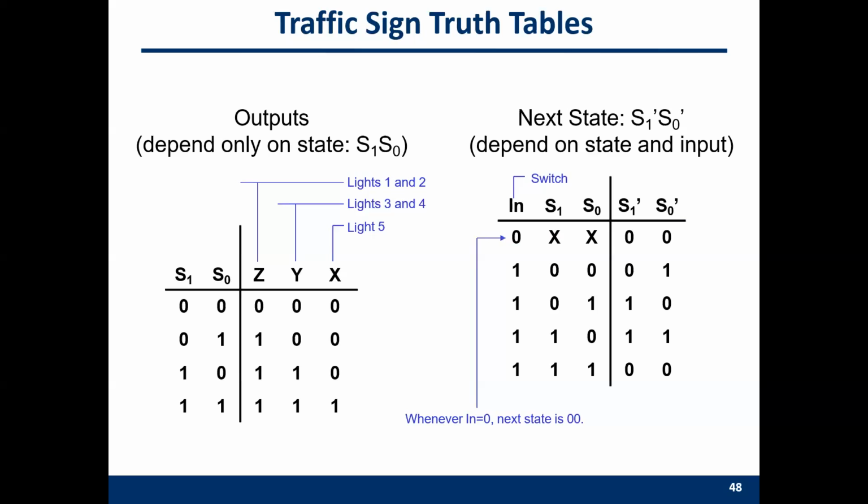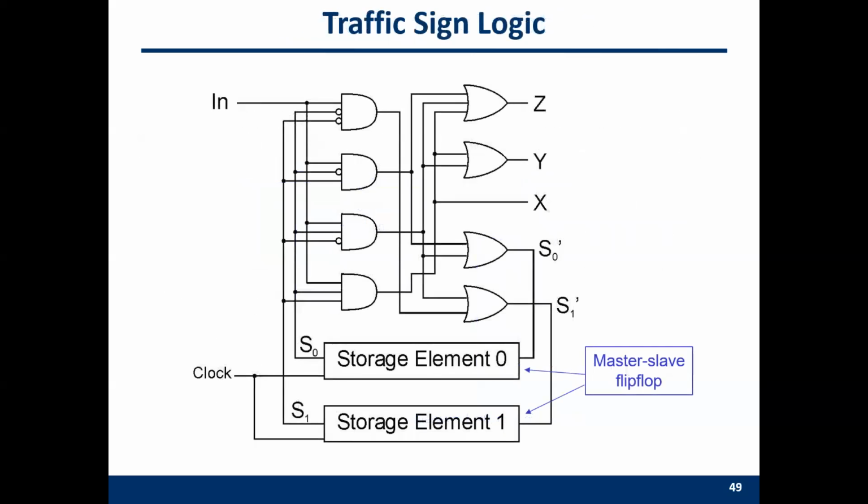After you complete this part, you can have this truth table too by reading the transition table. So eventually you can get this circuit based on the previous 2 truth tables.